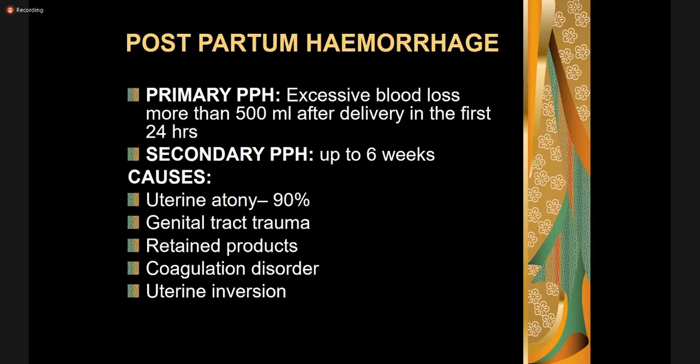Number two, if you find the uterus is contracted, think of trauma. Maybe the cervix is lacerated or torn during delivery, or there is a vaginal tear or perineal tear. So always try to find out any tear. Sometimes the tear may be missed, or the apex is missed and the patient keeps on bleeding.